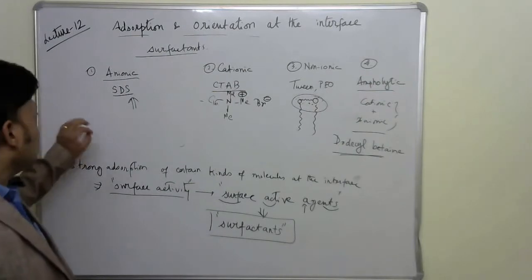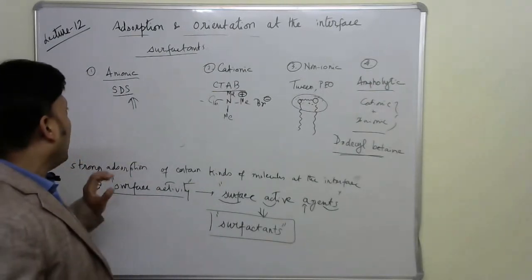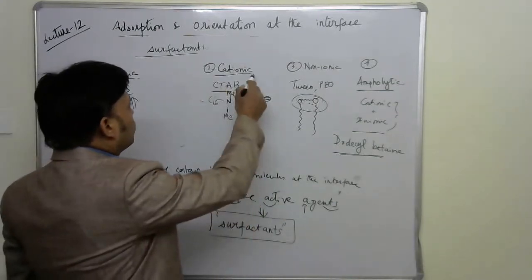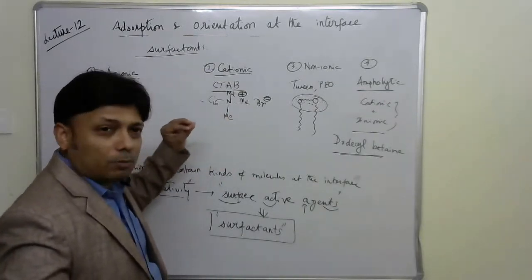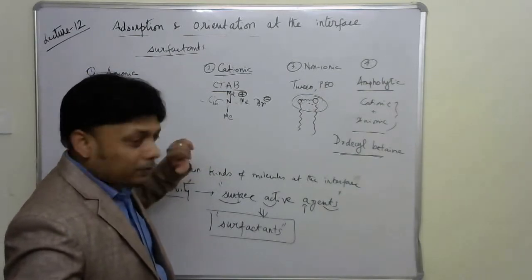This is the cheapest commercially available surfactant. And the cationic CTAB is mostly used in the chemical laboratory. It is cytotoxic, has a strong germicidal, antibacterial effect, but it is expensive.